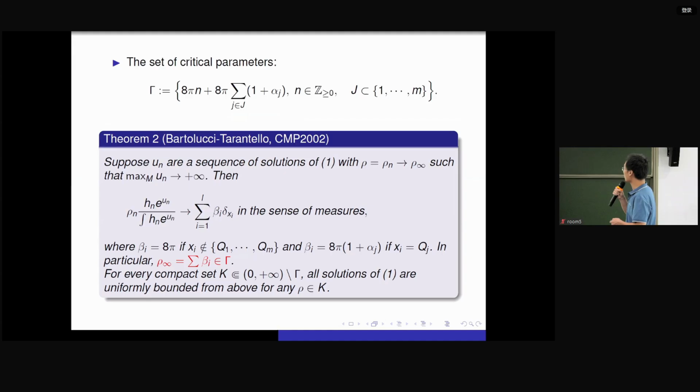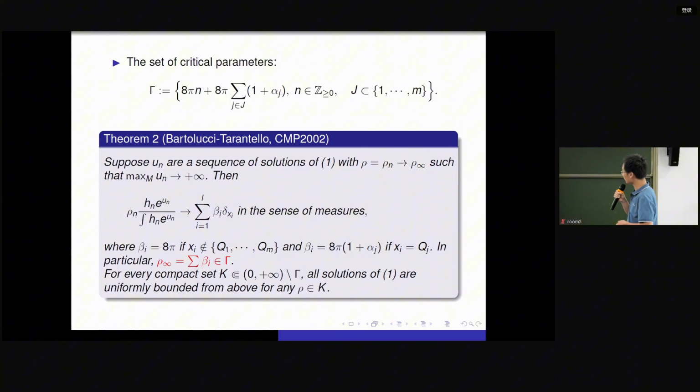Bartolucci and Tarantello considered the blow up of this equation. Suppose un is a sequence of solutions with rho n converging to rho infinity, such that this solution sequence blows up. Then the nonlinear term will converge to a finite sum of Dirac measures.